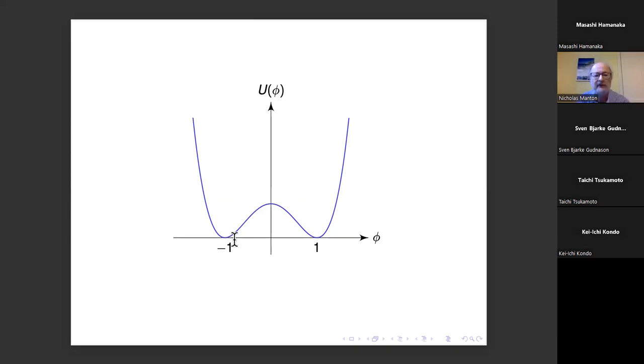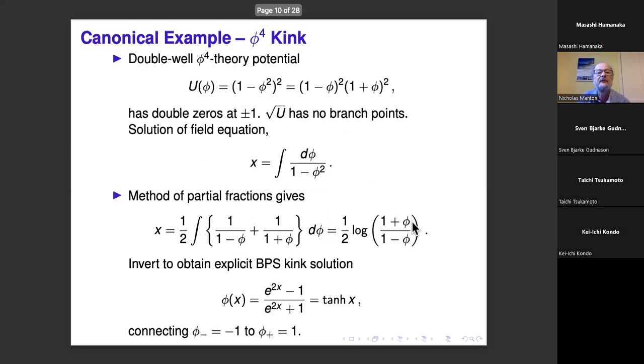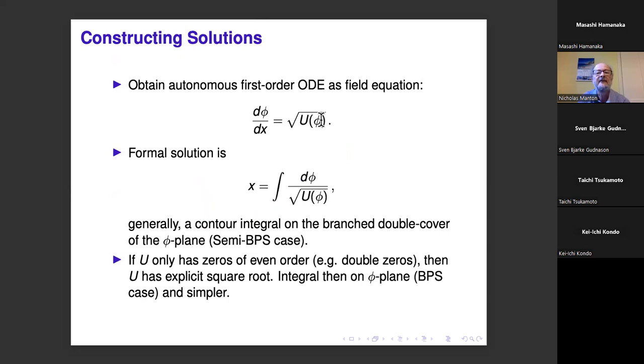And I took it to be positive this time. You need it to be positive in order that d phi by dx is positive. You see, in this equation here, it's important that u is positive for the square root to be real and for the derivative of phi to be real. So phi then stays real as a function of x.